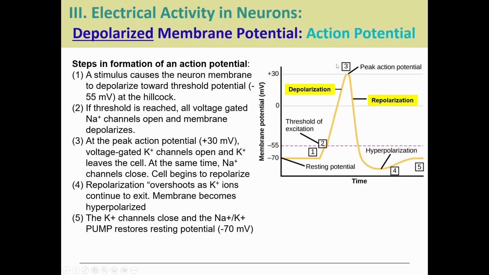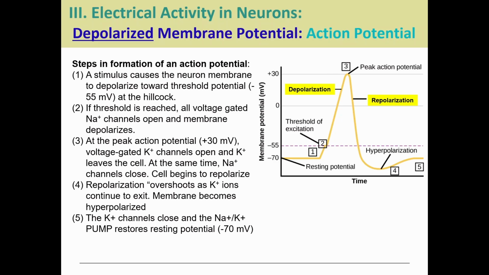When we reach that, now we allow the voltage-gated potassium channels to open, and potassium leaves the cell. Then the sodium channels close, so we're not allowing sodium back in, and we're allowing potassium to leave. This is going to drop the charge back down because we're not allowing any more positively charged things in, and we're pushing a bunch of positively charged things out.